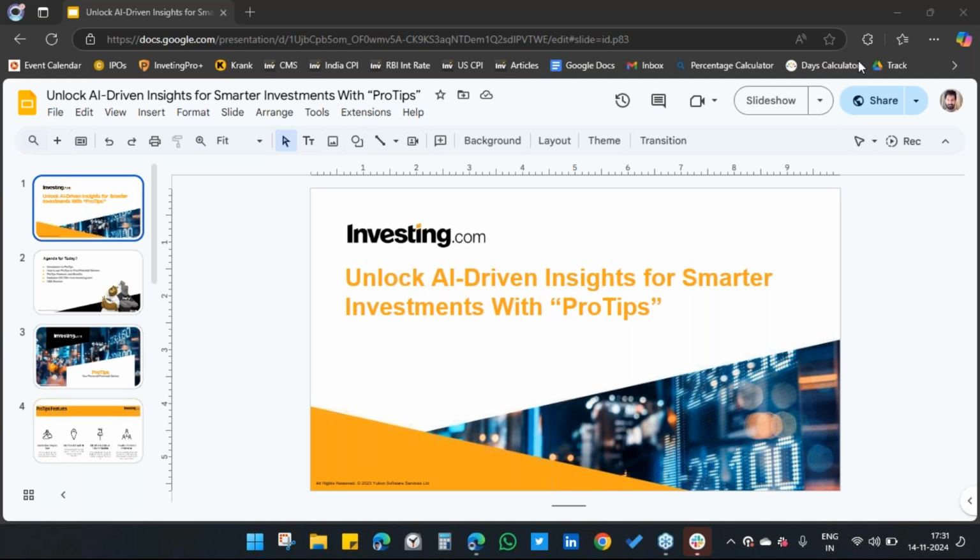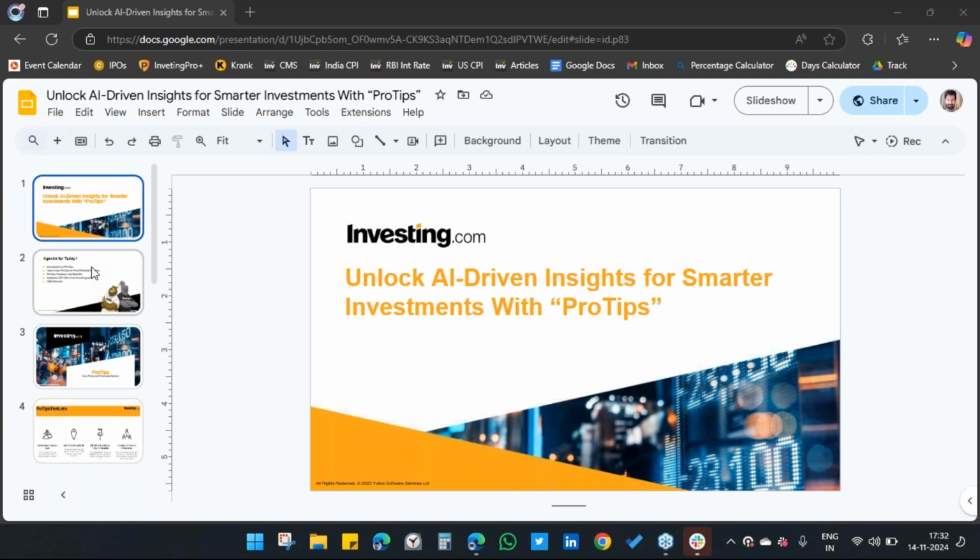So we'll be talking about a feature that is AI driven and helps you to research on stocks at a much faster pace and with more efficiency because most of the work is being done by AI and you only have to do the decision making. So this webinar will revolve around AI driven features.